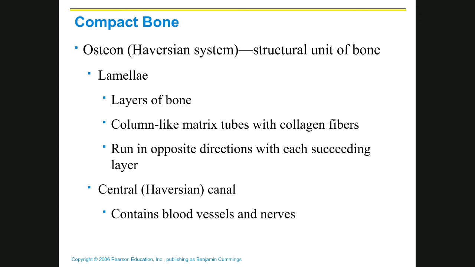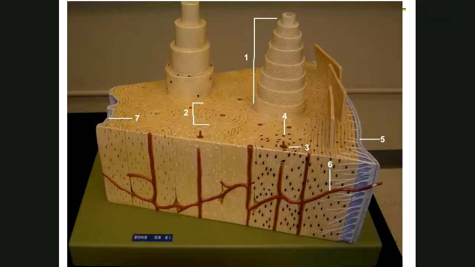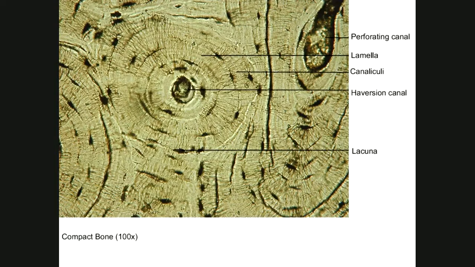Okay, well, let's look a little bit more at what bone looks like. And let's look at the dense bone or compact bone first. So if you look at dense bone or compact bone under a microscope, it looks like this. And we've seen this already. So remember, it looks like a bunch of trees that have been cut down or stumps.